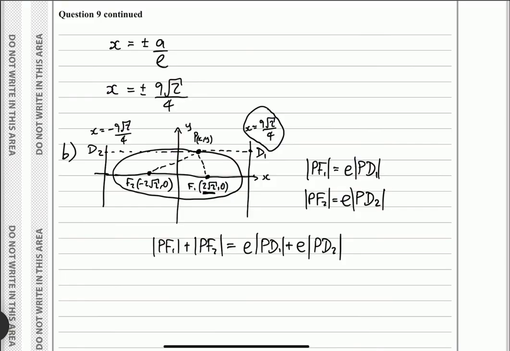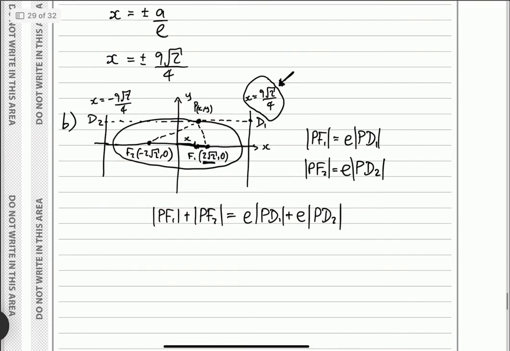Actually, it doesn't make sense to do it that way at all. What I'm actually going to do is take this distance on the x-axis of the directrix and subtract the distance x here. That makes far more sense. So PD1, we've got e times (the directrix, 9 root 2 over 4, minus x).